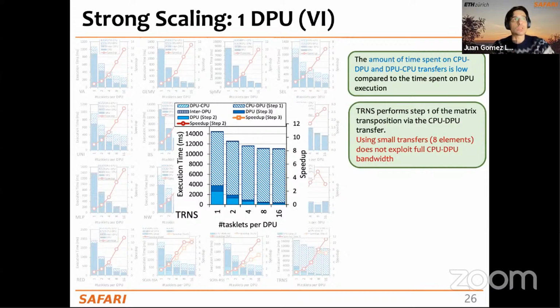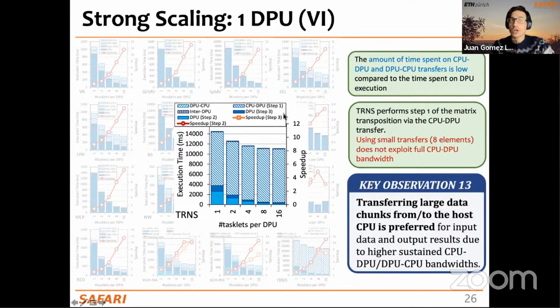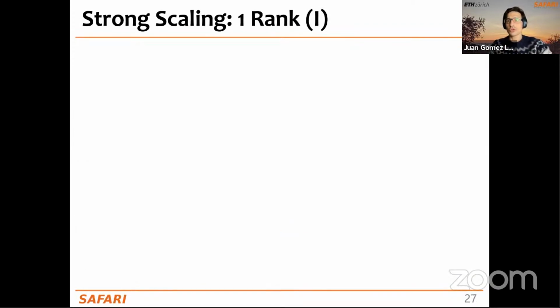So this is why we see these large CPU-DPU transfers for this step 1. An observation here is that as long as possible, we should use large transfers from the CPU to the DPUs or vice versa, because this way we can exploit the higher sustained bandwidth, as we also saw in the previous lecture.